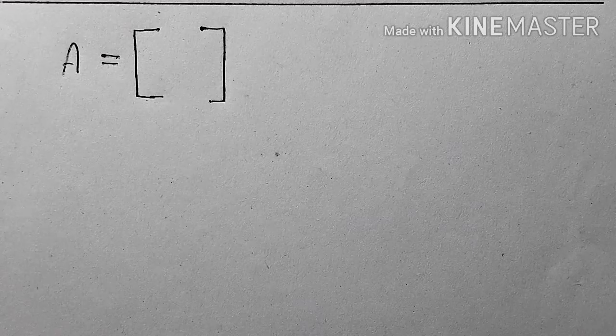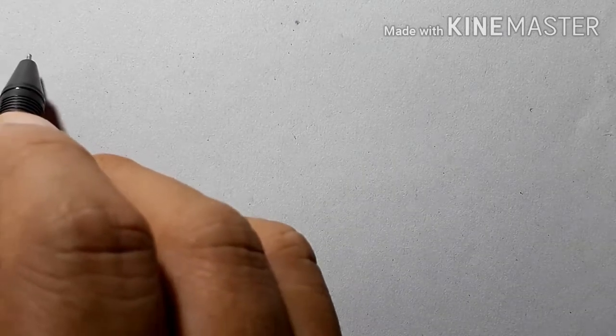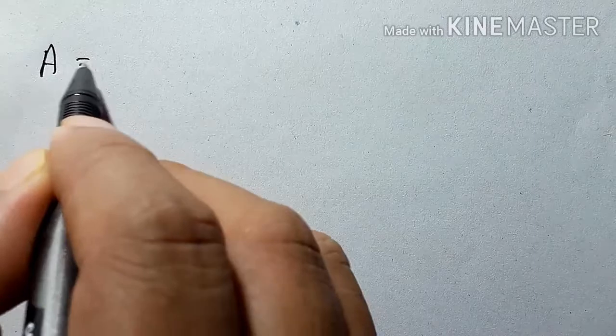So, point 1 clear. Next point, elements of the matrix. Let us consider a matrix A like this.